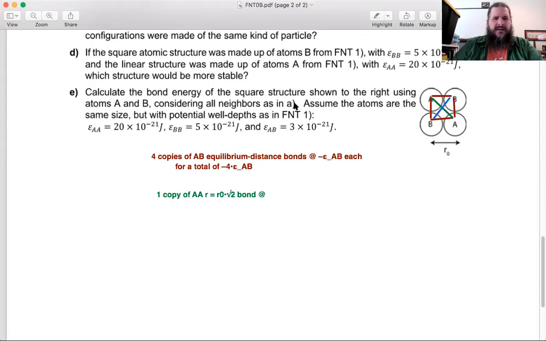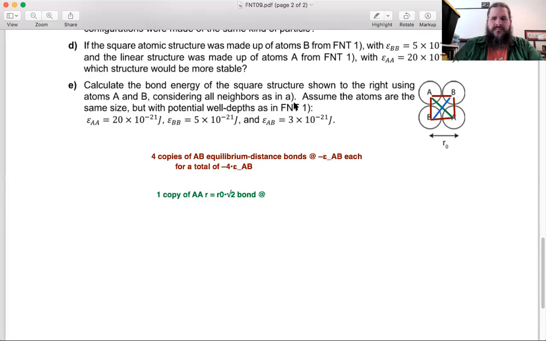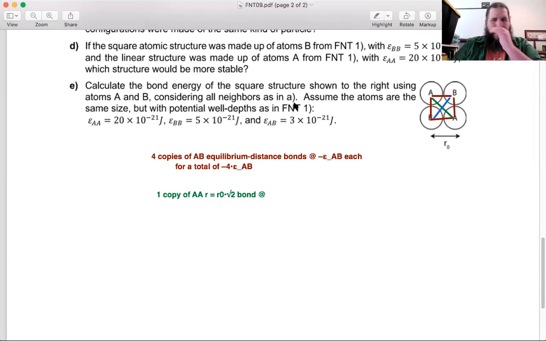I don't remember it off the top of my head, but it's something like sigma over something to the 12th minus. Yeah. So we could use that formula, or we could use the Lennard-Jones potential energy graph. But either way, you get a value for energy. And that'll end up just being some fraction of epsilon.